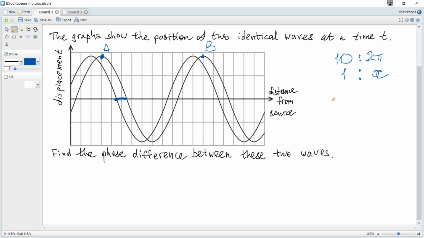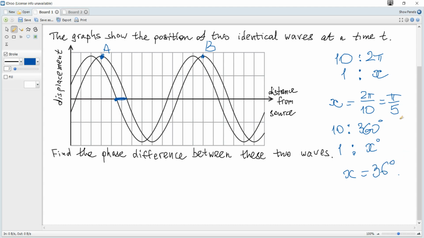Hence, x is 2 pi divided by 10, it's pi over 5, or if it's in degrees, 10 corresponds to 360 and 1 corresponds to x in degrees, hence x is 360 over 10, which is 36 degrees, and that is the required phase difference.